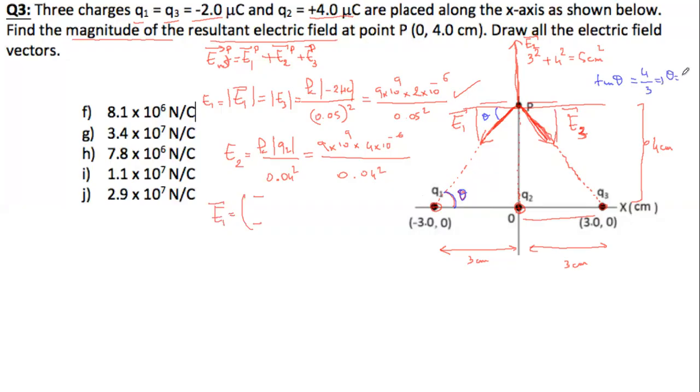So theta will be tan inverse of 4 divided by 3, which is 53.13 degrees. That's theta. What is cosine theta? Easy. Cosine theta will be just 3 divided by 5. What is sine theta? It will be 4 divided by 5.